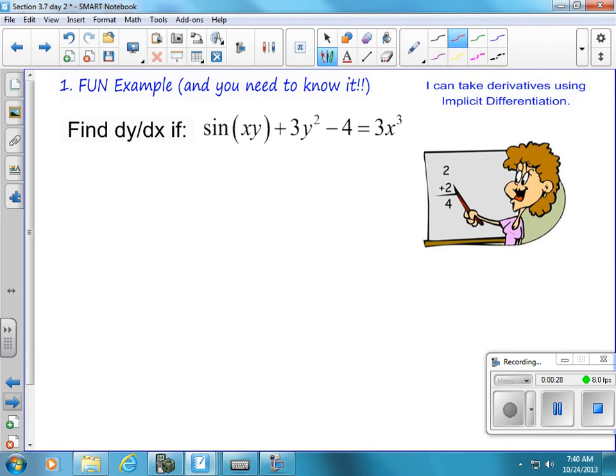All right, so we're going to take the derivative of sine using the chain rule. The derivative of sine, which is the outside function, is cosine, and keep that angle the same, xy. Then we have to take the derivative of xy. Sometimes we write that like this.